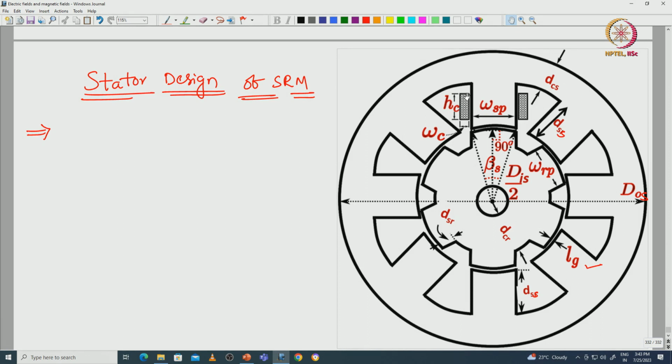and height of the stator winding coil is hc, and width of the stator coil is wc, and angle with respect to the stator pole arc is beta s, and rotor pole arc is beta r.